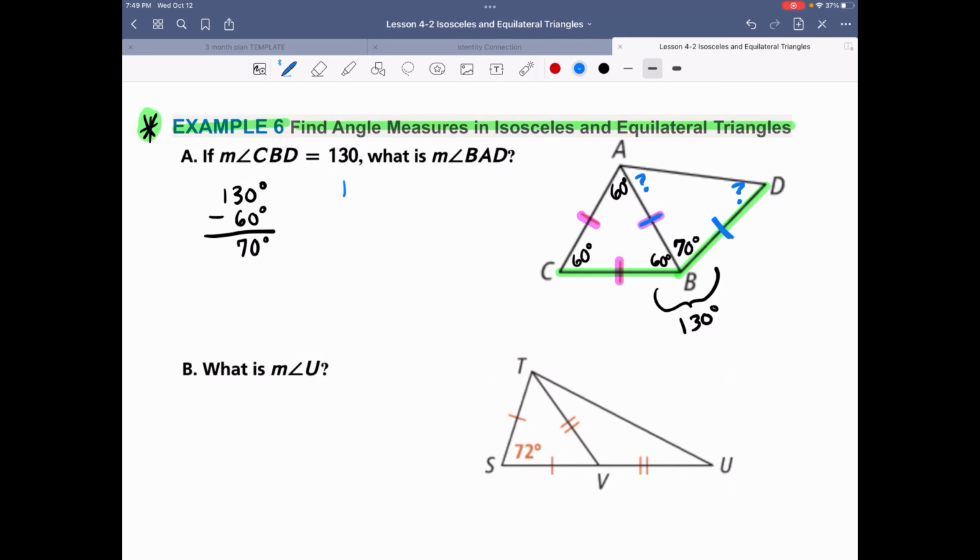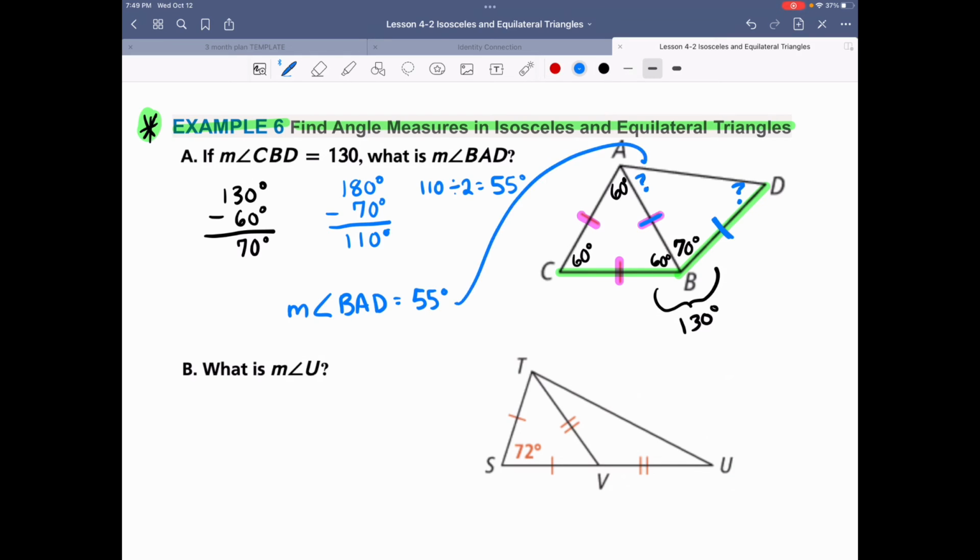So I would do 180 degrees minus 70 degrees, which is 110 degrees. And then if those two angles are equal, then we're just going to divide 110 by 2. So 110 divided by 2, that equals 55 degrees. So the measure of angle BAD is equal to 55 degrees. Right here.